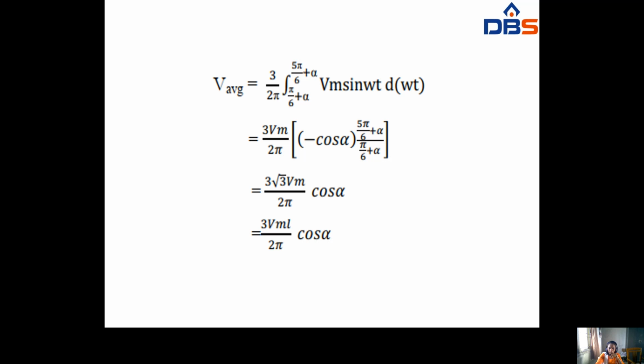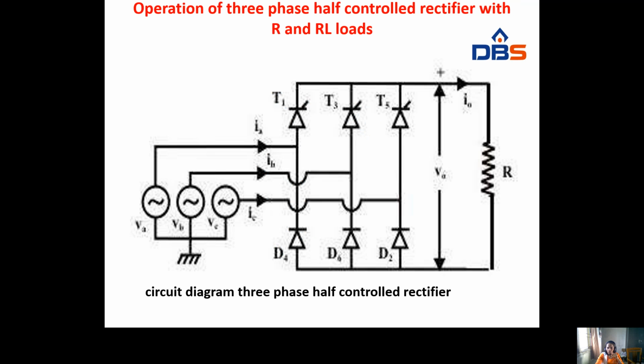So 3 Vm by 2 pi times minus cos omega t from pi by 6 plus alpha to 5 pi by 6 plus alpha, giving 3 root 3 Vm by 2 pi cos alpha, that is V average.